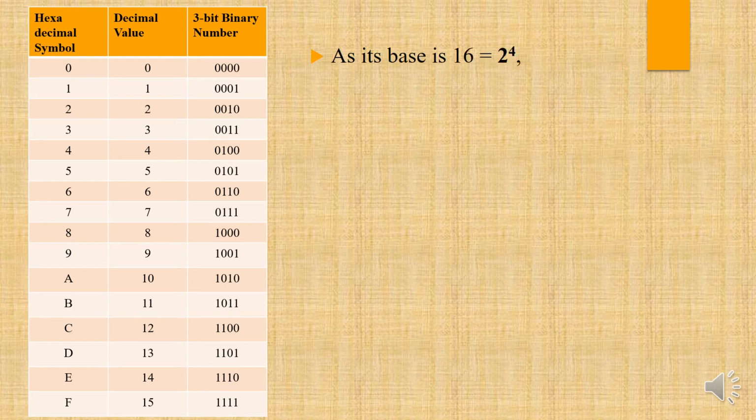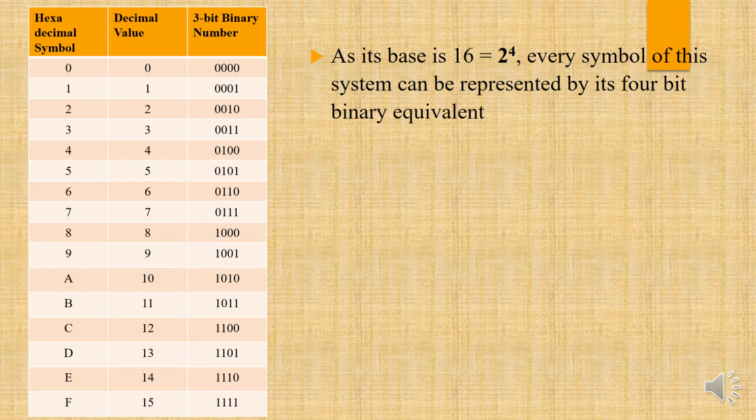Now in hexadecimal number system, base is 16. So every symbol of this system can be represented by its 4-bit binary equivalent. See, if you remember that in the last video in octal number system, we have seen that every symbol of octal number system can be represented by its 3-bit binary equivalent, right?